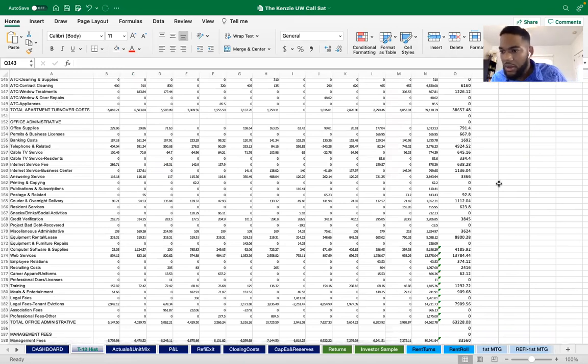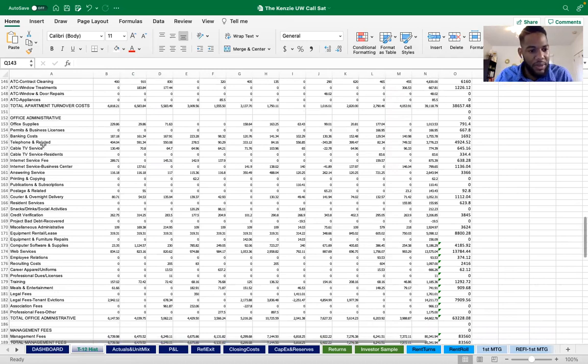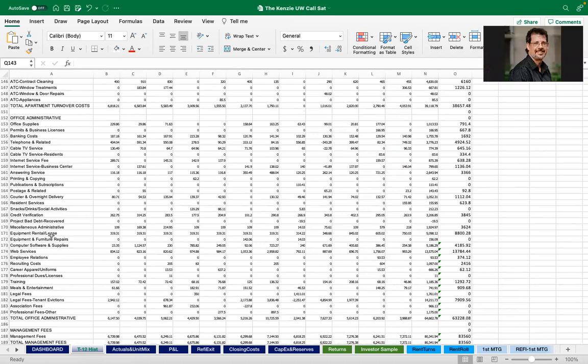All right, so this next section here is office and administrative. Guys, in office and administrative, line items 153 through 184, is there anything here that you would like to break out of office and admin? Maybe legal fees. There you go, perfect.